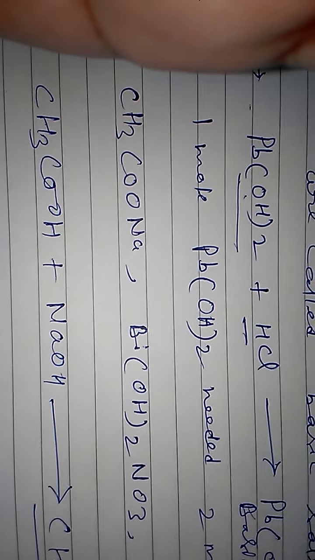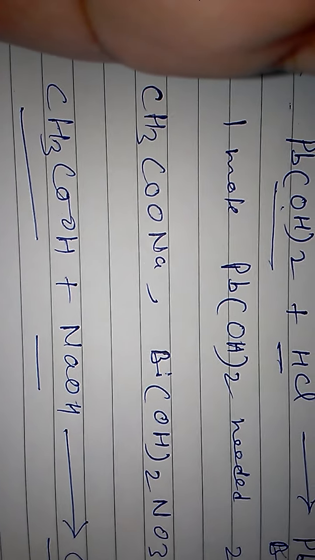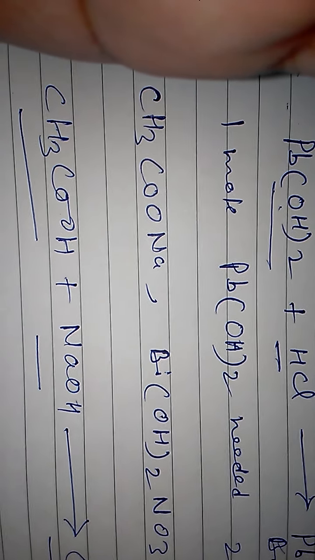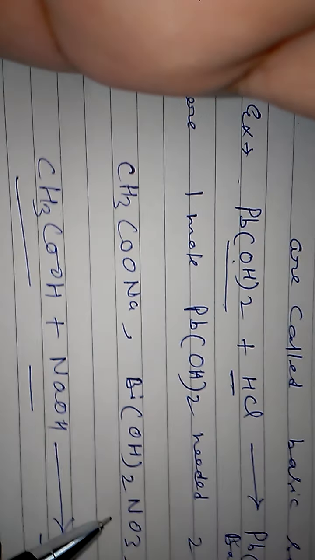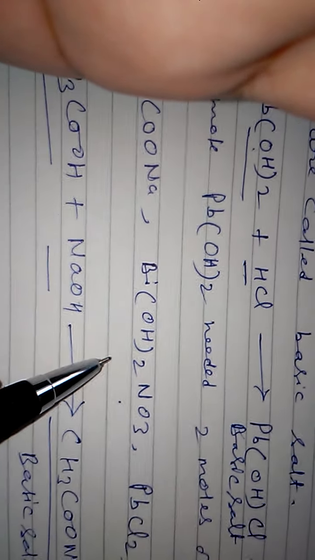This one is a weak acid, this one is a strong base, therefore the salt is a basic salt, CH3COONa. Another example is Bi(OH)2NO3. Here two OH groups are there, and this one is PbCl2, and so on.